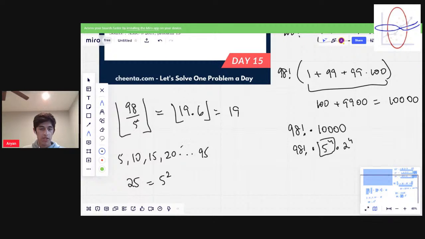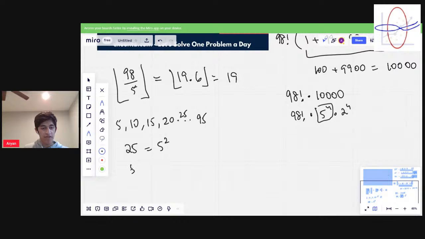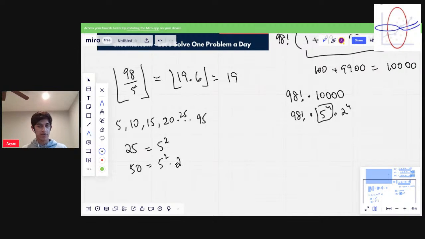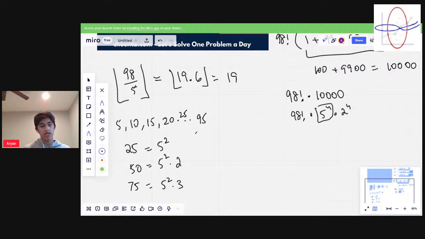We counted 25 once right here, between 20 and 30, but we want to add another one for the extra 5, since there are 2 5s in 25. Similarly, 50 is our next multiple of 25. This is another one that has 2 factors of 5, and we only counted it once. And then 75 is 5 squared times 3, so this again has an extra factor of 5. So this is an additional 3 factors of 5 that we need to account for.